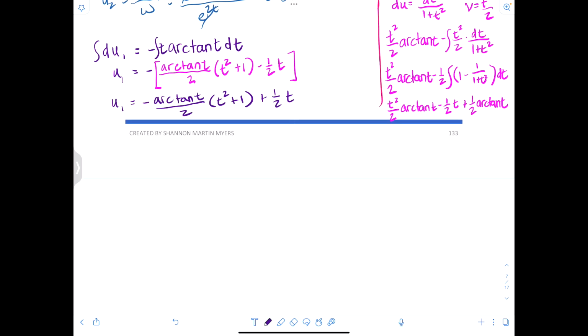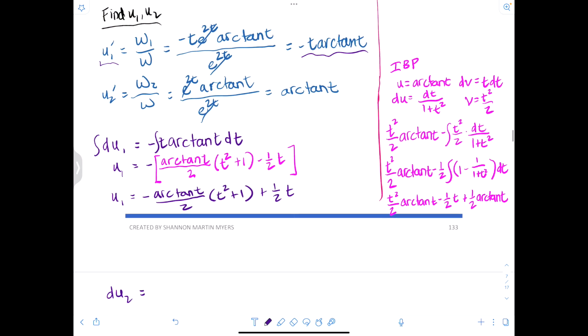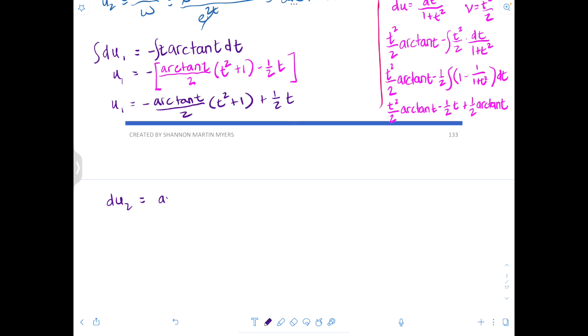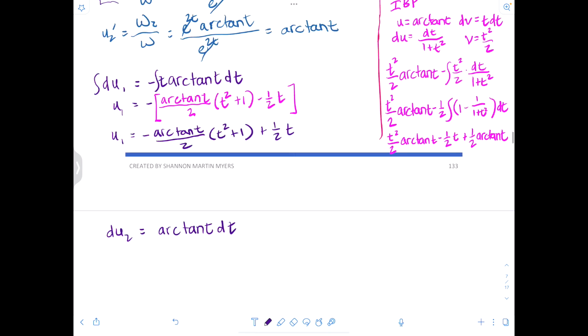All right, now du2 equals arctangent at t. So still an integration by parts, but not as bad. And then we have our dt.